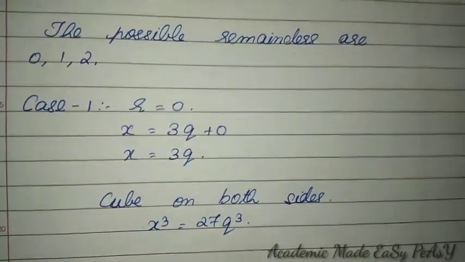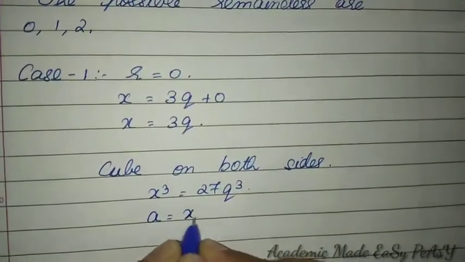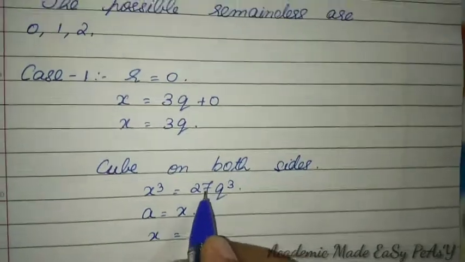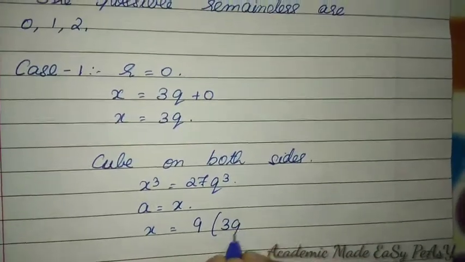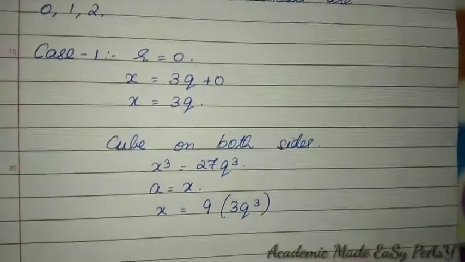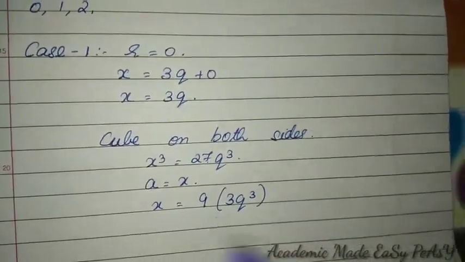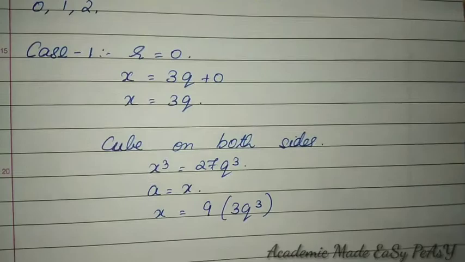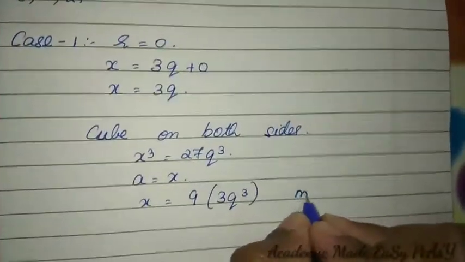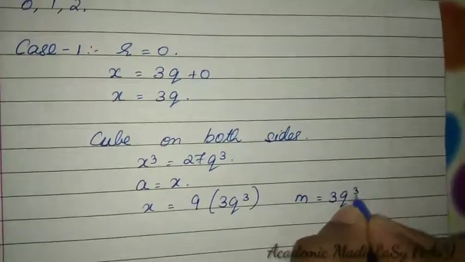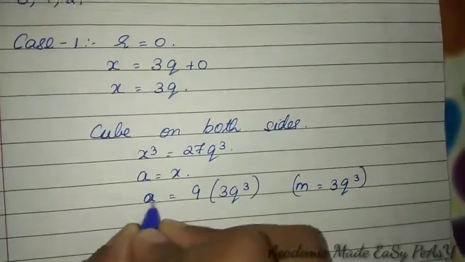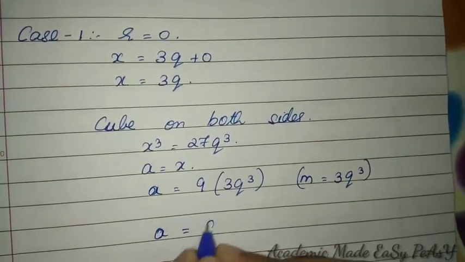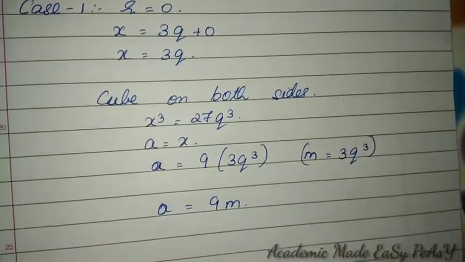Now a is equal to x cube, and I will write this in the form of 9 into 3q cube. Did you understand why I took it like that? I will assume m is equal to 3q cube, so a is equal to 9m.